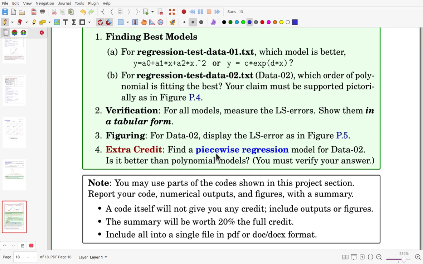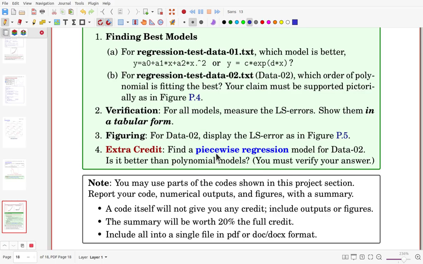Here is the final note. You may use parts of the code shown in this project section. Report your code, any implementation you made, and numerical outputs and figures with a summary.